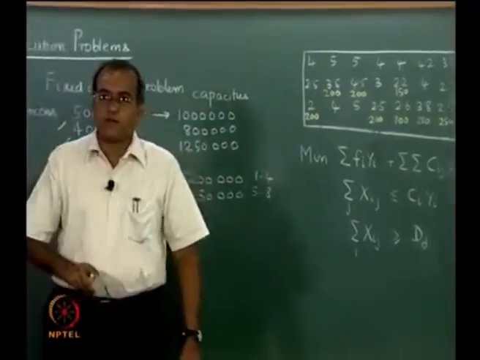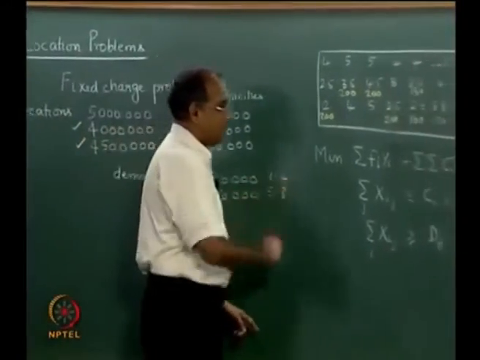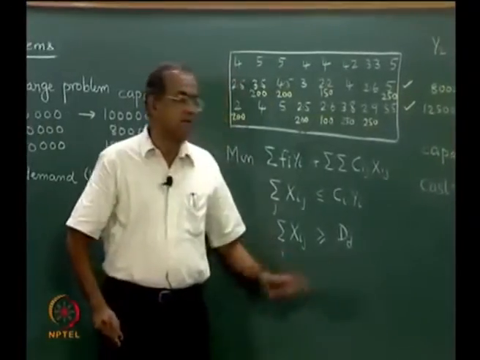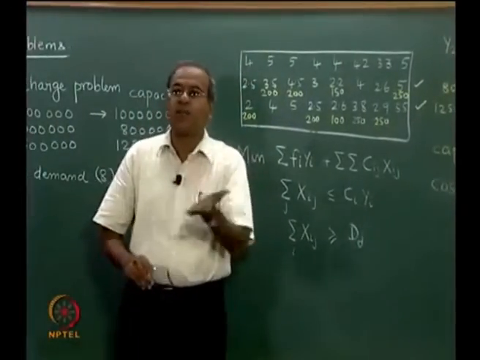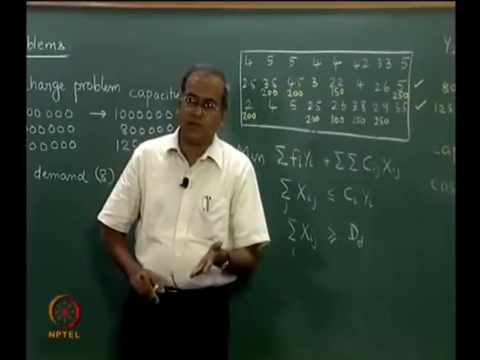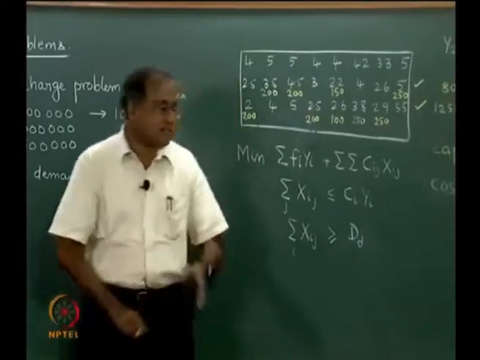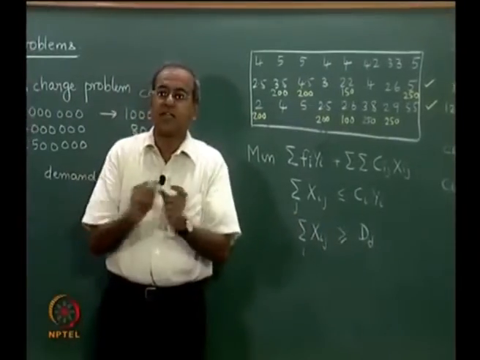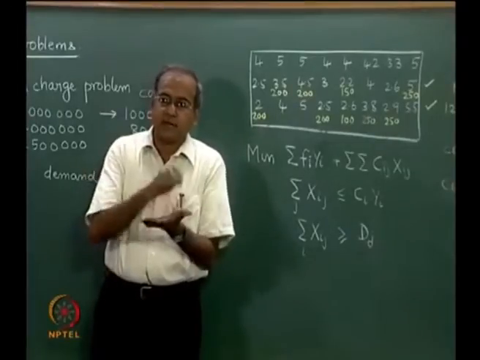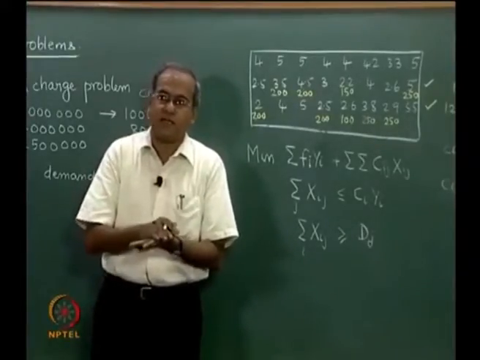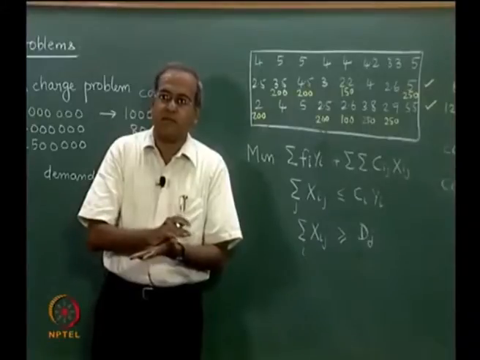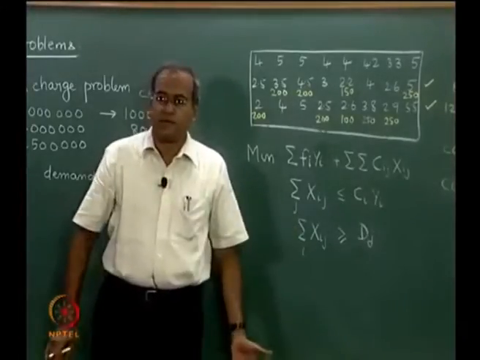The other assumption, of course, that we make is there is a single item, or dj represents the demand of an equivalent single item. Another assumption that we make is that this dj is not going to change with time. So, dj represents the demand at point j of an equivalent item for the equivalent period.